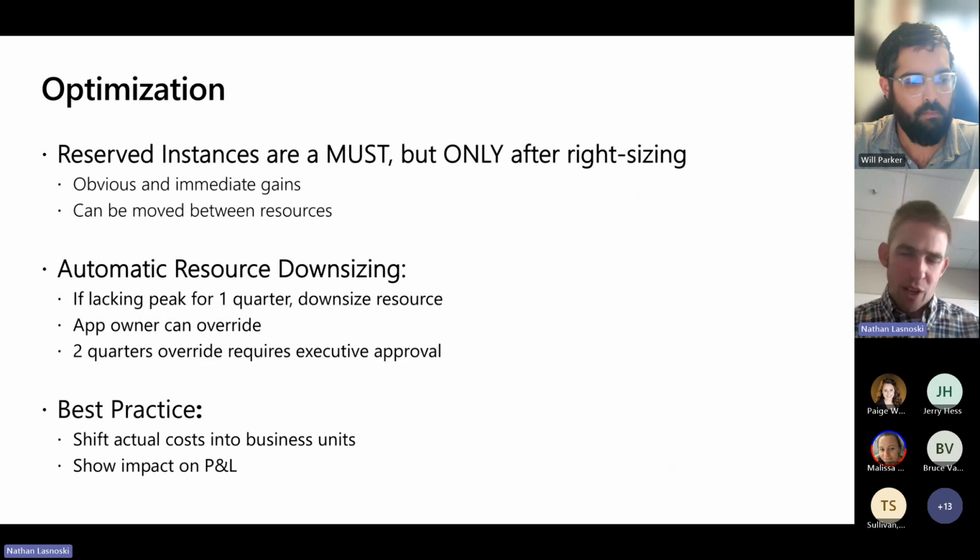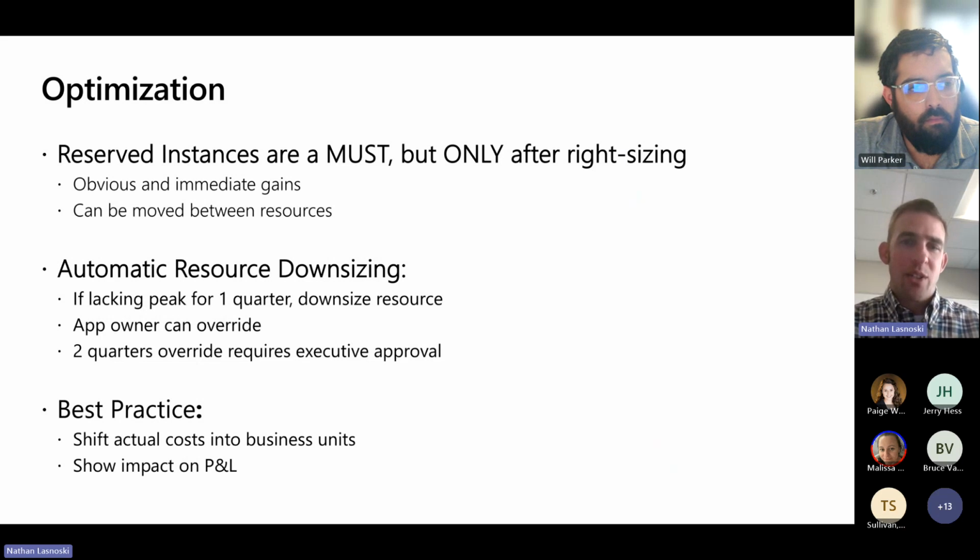If there was a top quartile delineation on cost management, the most effective organizations are taking the P&L cost of that resource and shifting it to the business area that is spending that resource, and then making them accountable, not necessarily responsible, but accountable for the actual costs, and then giving them a reason why they want that optimized.